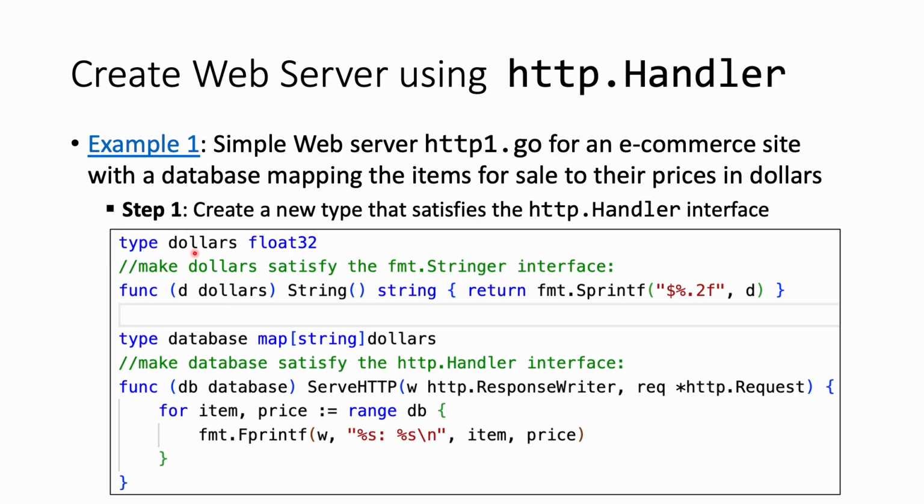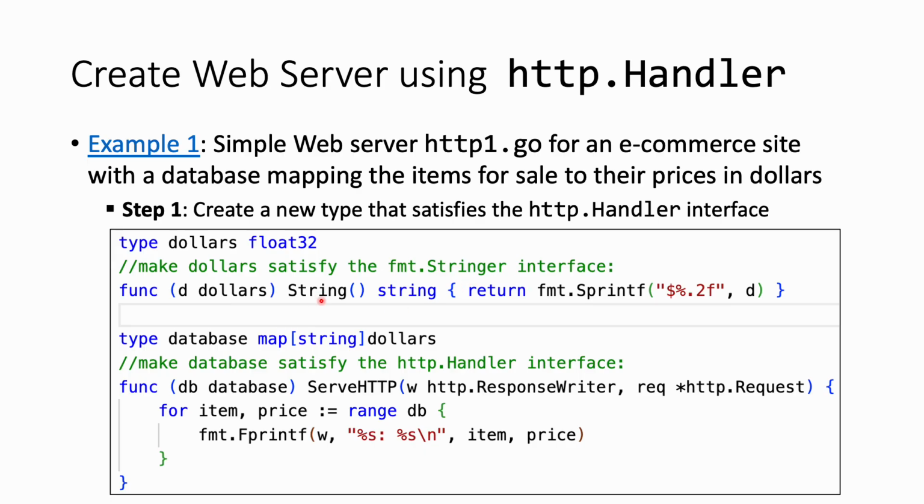The dollars type is defined as float32, but satisfies the Stringer interface by implementing the method String of the Stringer interface.